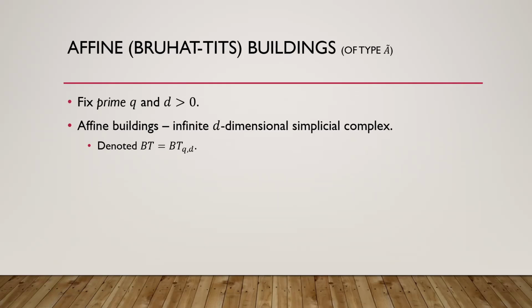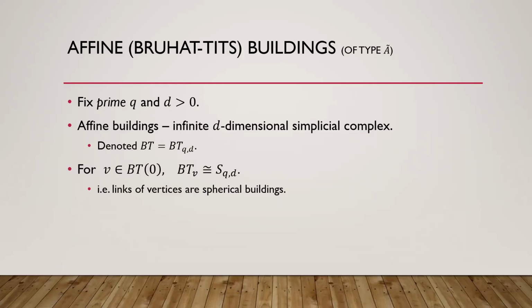We'll denote it BT. Even though I'm not going to explicitly define this infinite simplicial complex, the main thing that we need to know about it is that for every vertex in this Bruhat-Tits building, the link of the vertex looks like the spherical building that we just described with the same parameters q and d.